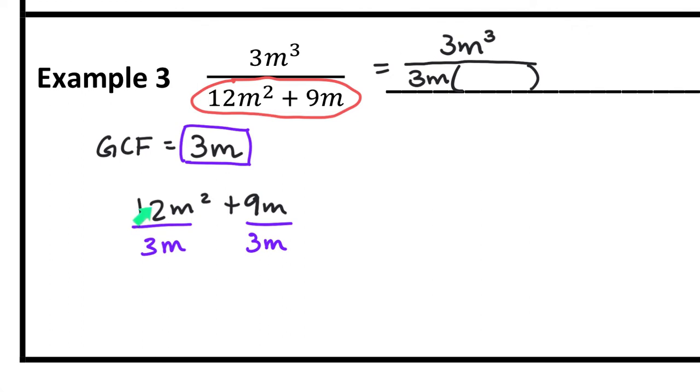And so what's 12 divided by 3? That's 4. M squared divided by m, it's m, plus, what's 9 divided by 3? It's 3. And then m divided by m cancels.